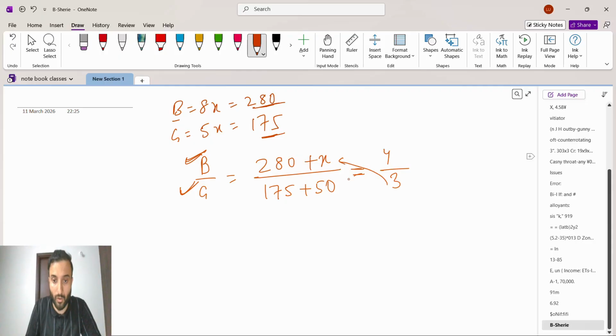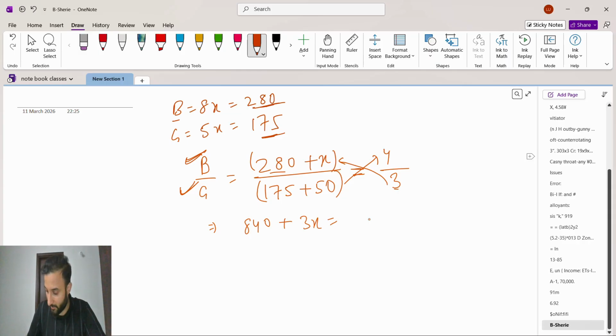Now we will do the cross multiplication. 3 will multiply with both, 4 will multiply with both. Now let's multiply. 280 into 3, this is the difference, guys. 280 into 3 is 840, plus 3x, equals 175 into 4, which is 700, plus 50 into 4, which is 200.